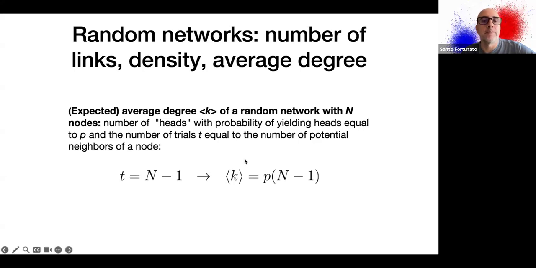You have this focal node, so the number of trials is n minus 1, and you have the same probability of having an edge with each of them independently of each other. Just like before, it's the same exercise. The average number of neighbors is exactly the probability times the number of trials, p times n minus 1.